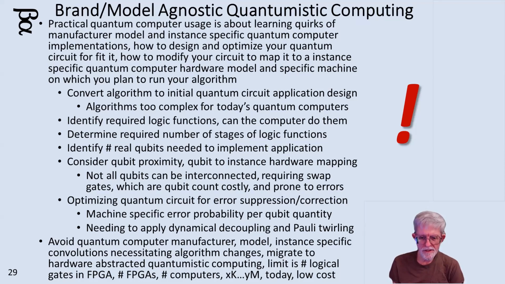But if you're using a gate array to do this, then all of that can be avoided, and you have one programming language model for doing this, regardless of who the manufacturer of the gate array is and how many gates are on the gate array.